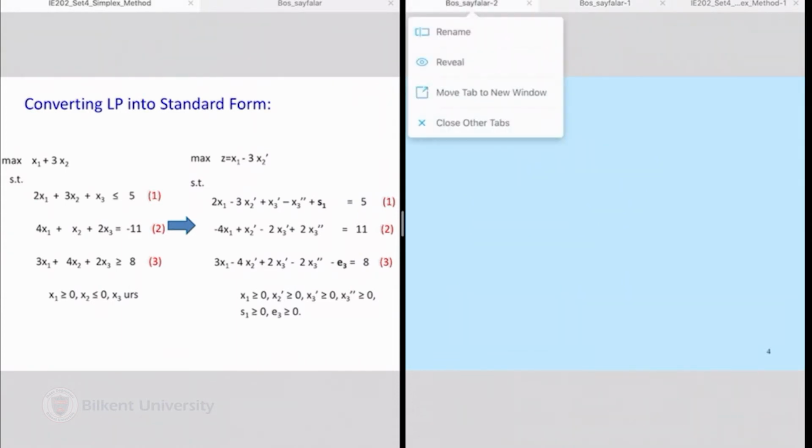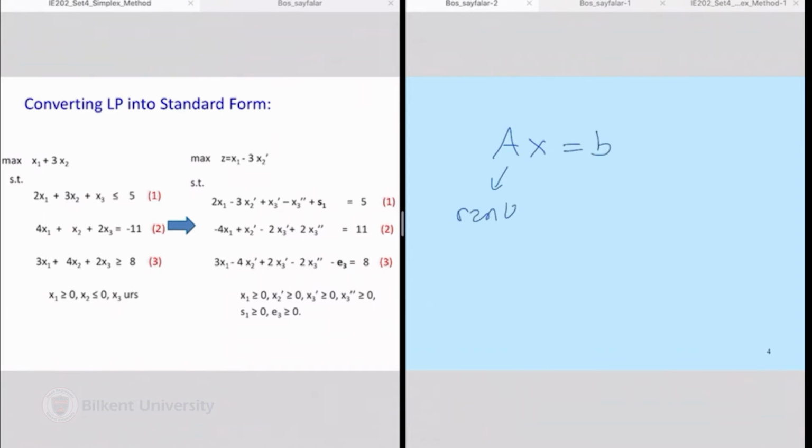Let's see. What is a basic solution? I have my Ax equals b. I know that A is full rank. So what does it mean? I can find M columns very easily which are linearly independent.